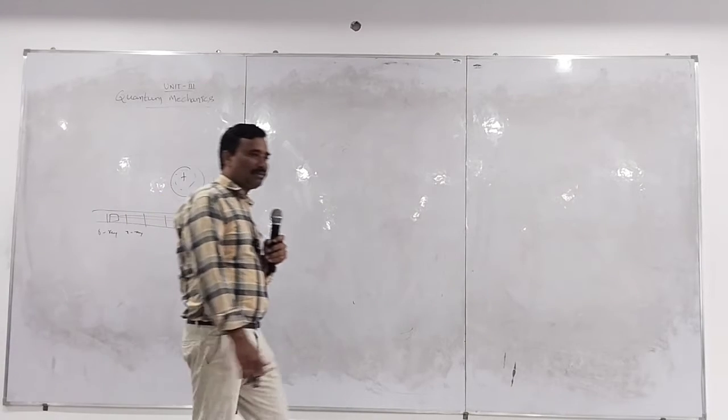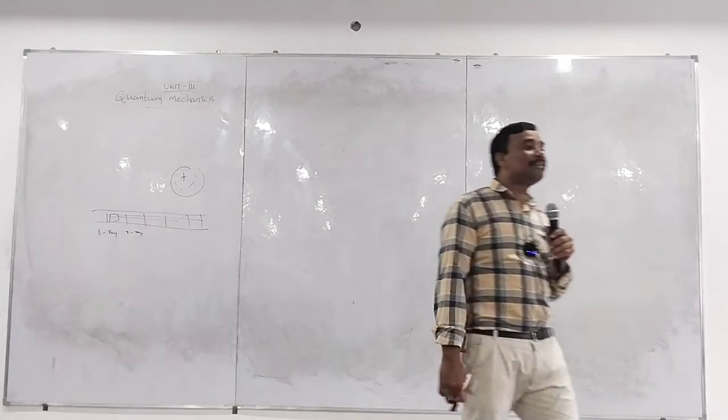Because the energy is not continuous. That is the main reason. Energy is discrete. The transmission, emission or absorption of energy can take only discrete values, not continuous values.